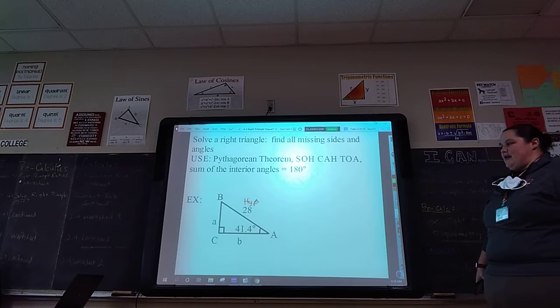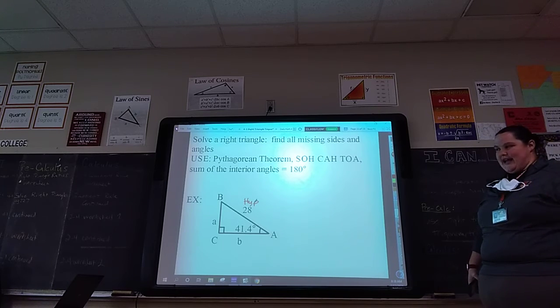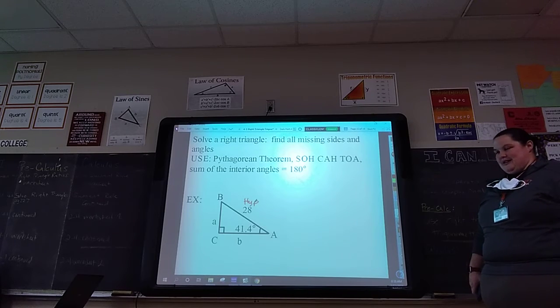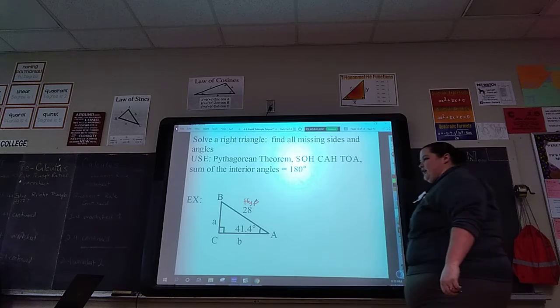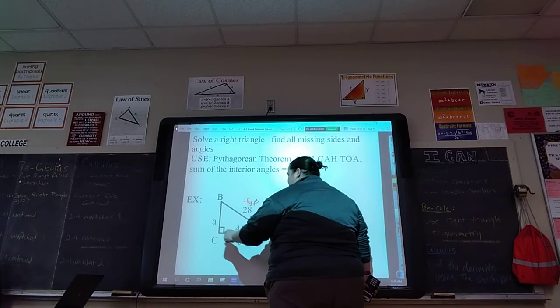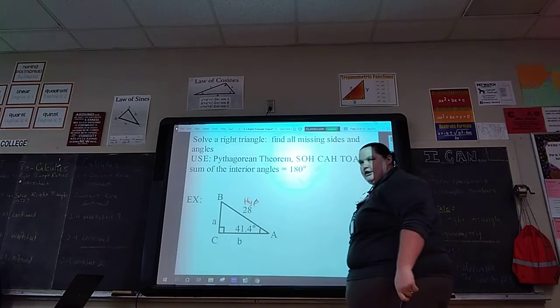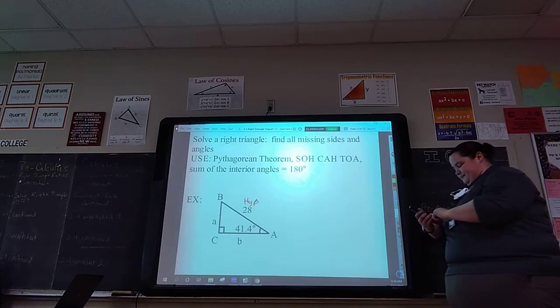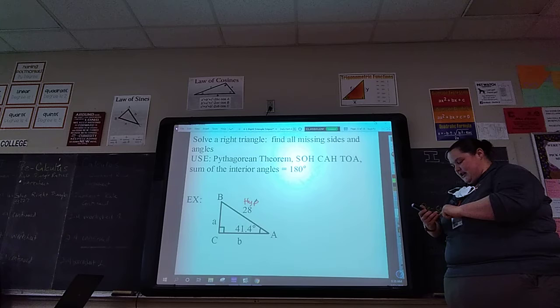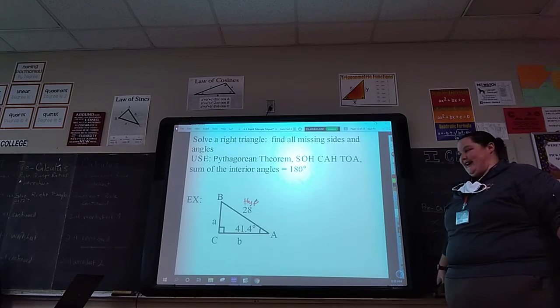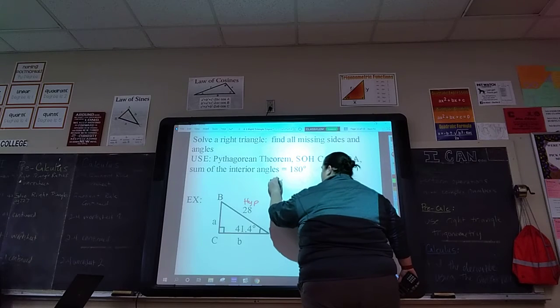So side b, side a, and angle B are the 3 things that we need to find. What is the easiest to find first? The angle. Because if we already know these 2 angles, this one has to be something so that it adds up to 180 degrees. So you just do 180 minus 90 minus 41.4. So you get 48.9. And that is angle B.